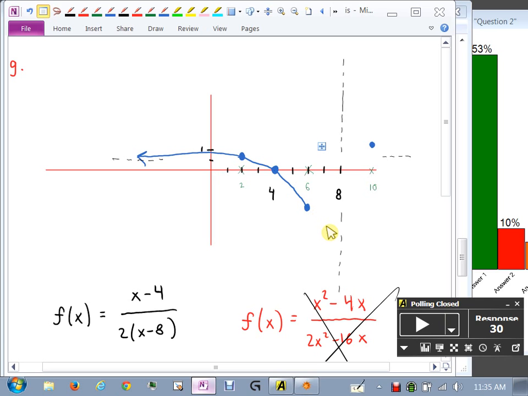I'm trying to draw to the right without picking up my pencil. There's a vertical barrier. Vertical barriers force you up or down, and it's down here. Remember, last class I said it's not because it looks like it's down. It's because if you turn back up, you create an x-intercept right there. So it's going to continue down forever like that. So I put a little arrow on it. Yes?